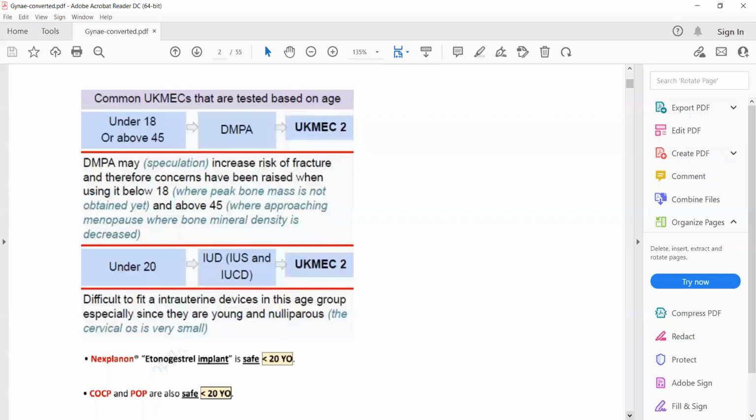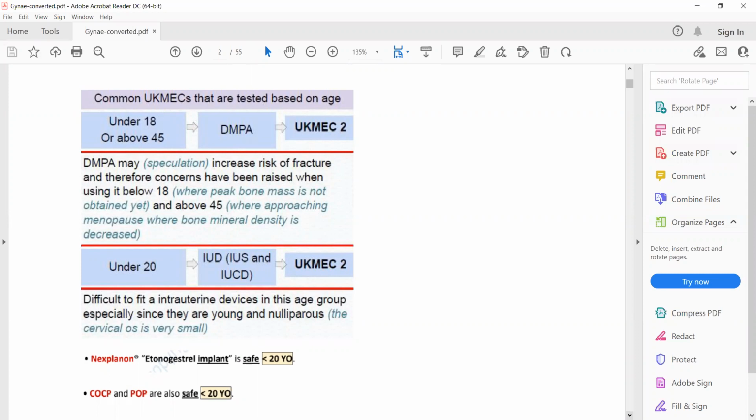IUS is also known as Mirena intrauterine system. It is basically a device which releases progesterone slowly into the blood. This device contains a medication such as progesterone, which is released slowly.